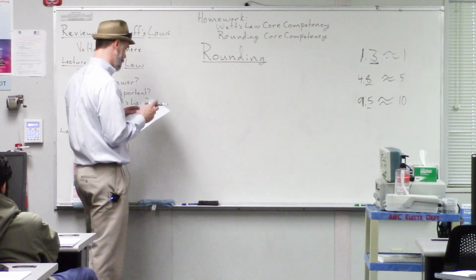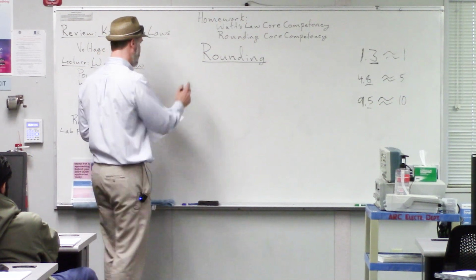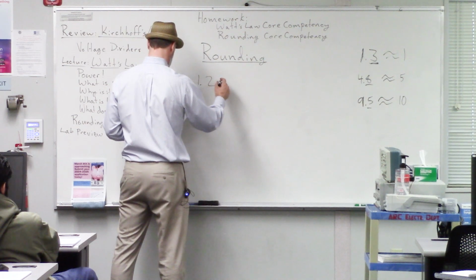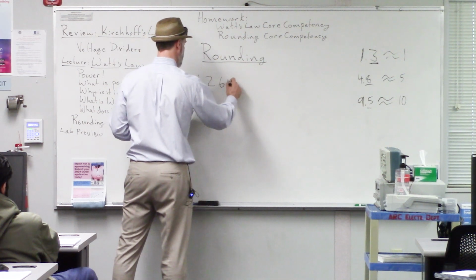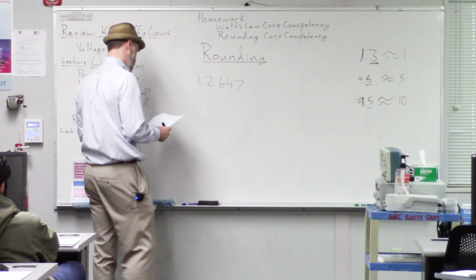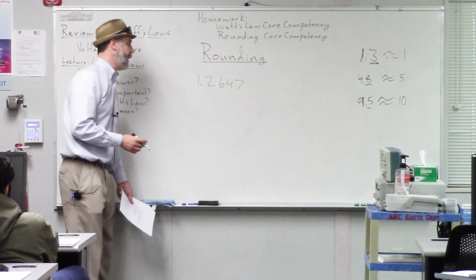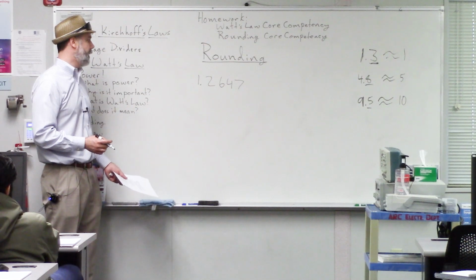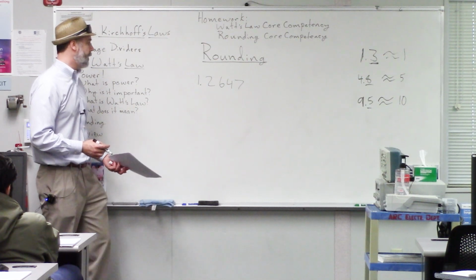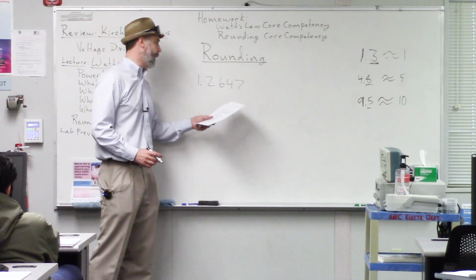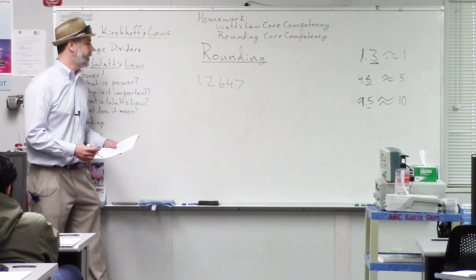So say we have a number that's 1.2647, and we wanted to keep 3 digits after the decimal. So what number would we look at to see if we round up or round down? 7.